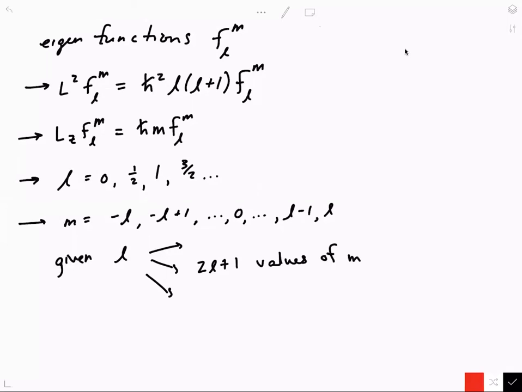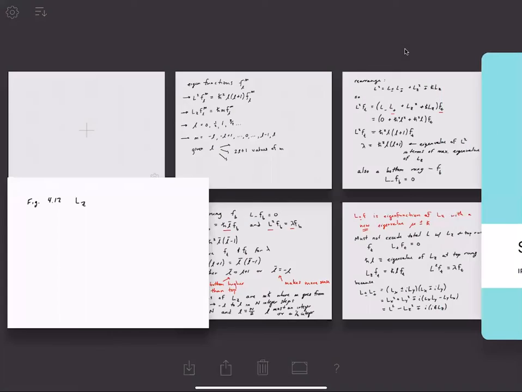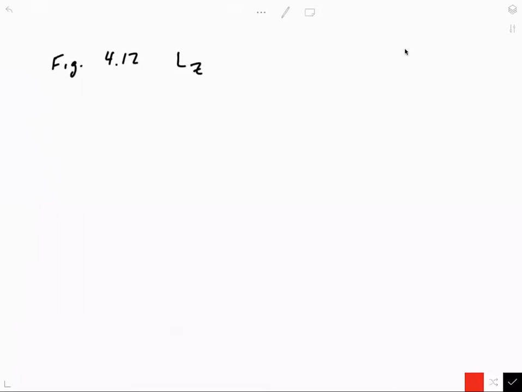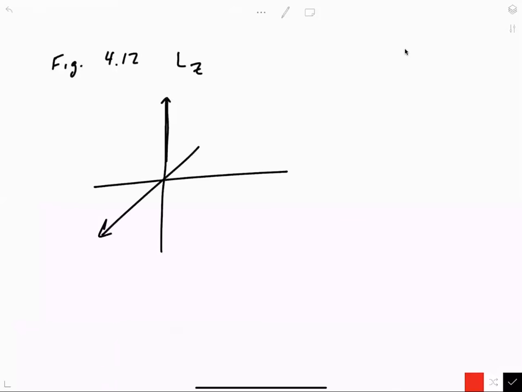You can visualize this, though it's not a perfect visualization, in figure 4.12 in the newer edition of the book. It's 4.9 in the older edition. In this figure, we start off with x, y, and z axes, where we're looking at these components of the angular momentum.